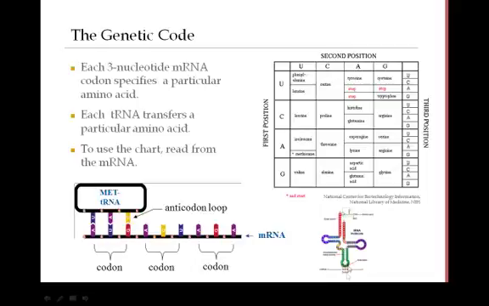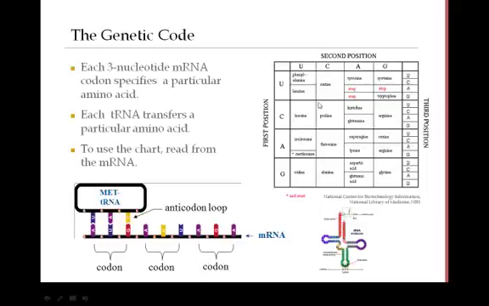Now, that matching, I should say the anticodon, determines which amino acid is loaded onto the tRNA. And so when you see a UAC in the anticodon position of a tRNA, that tRNA always has a methionine amino acid tagged to it.